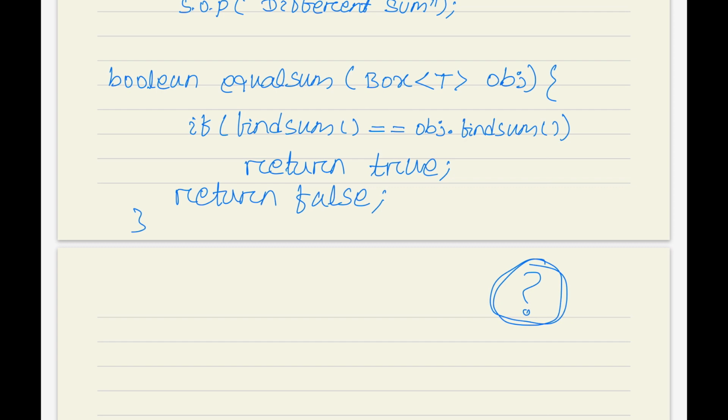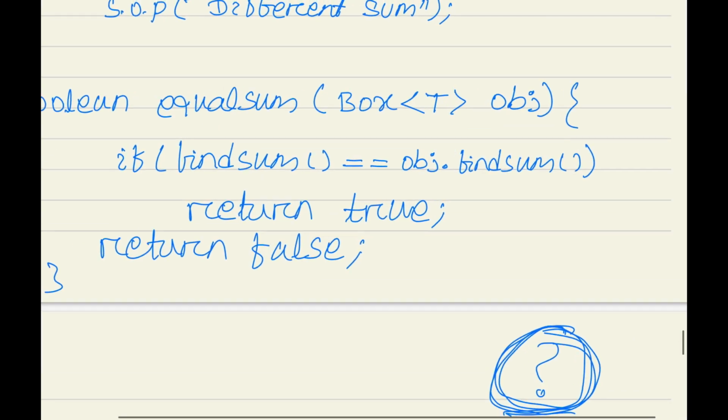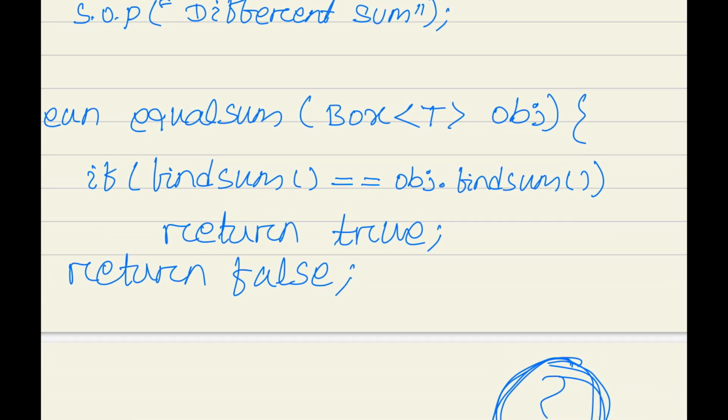Similarly, the wildcard argument is specified by the question mark and it represents an unknown type. So we can just replace this T with a question mark.